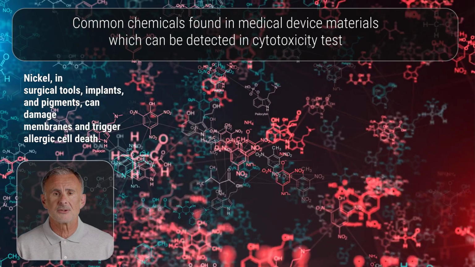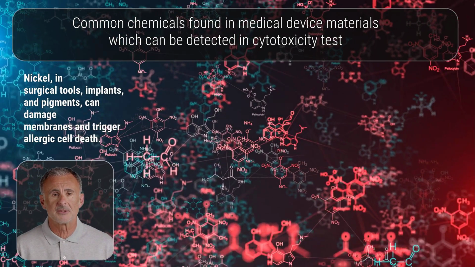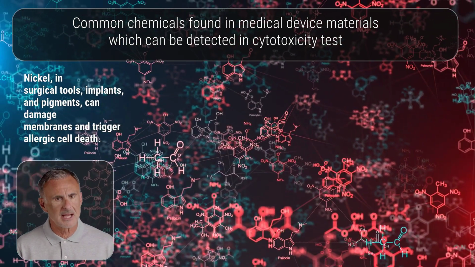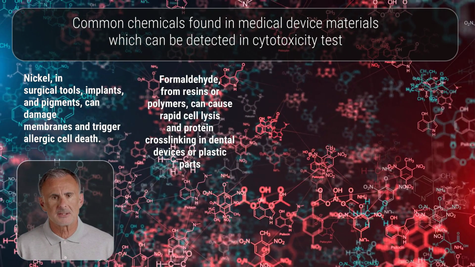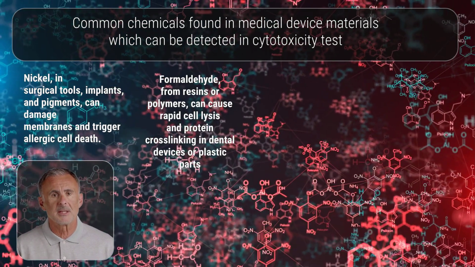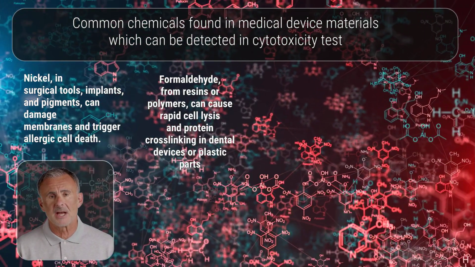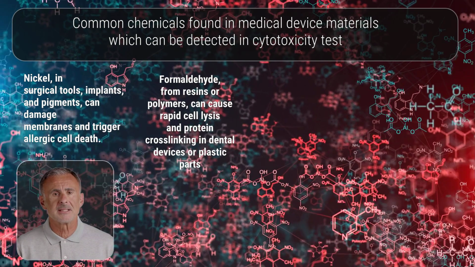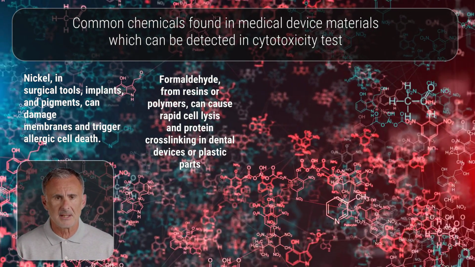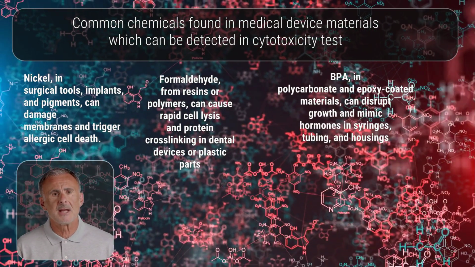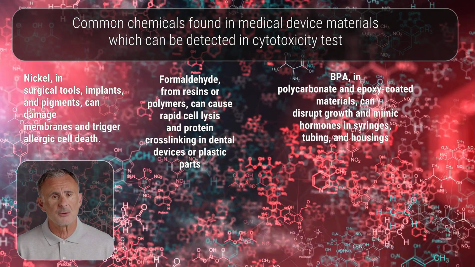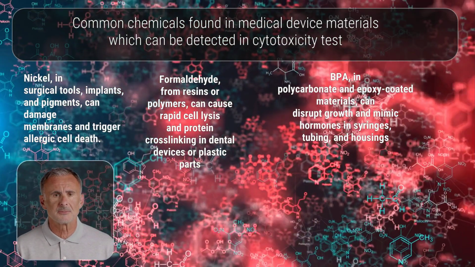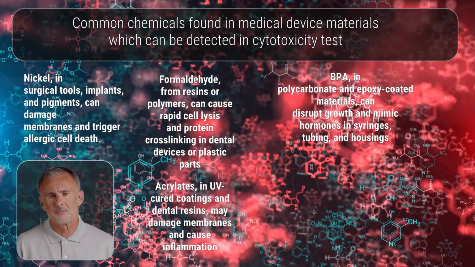Nickel in stainless steel tools, implants, and pigments can damage membranes and trigger allergic-type cell death. Formaldehyde from certain resins and polymers may cause rapid cell lysis and protein cross-linking, as in some dental or molded plastic parts. BPA in polycarbonate and epoxy coatings can disrupt growth and mimic hormones, seen in syringes, tubing, or housings.